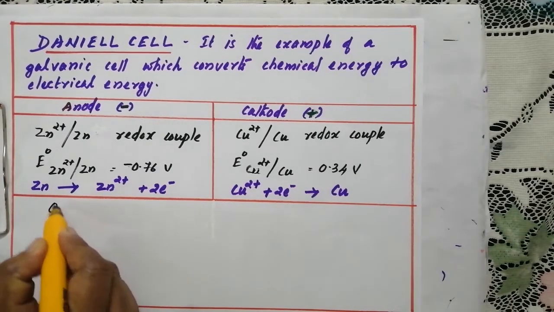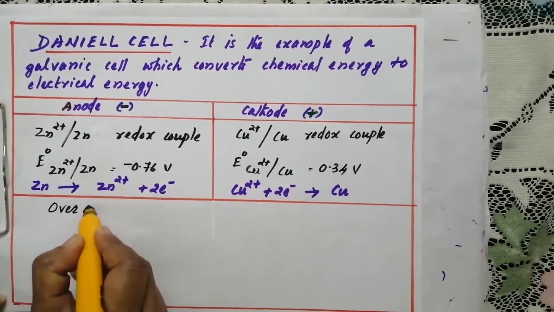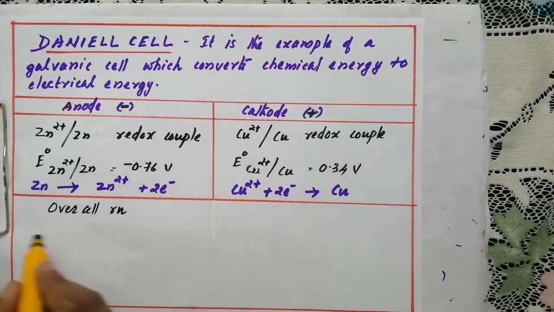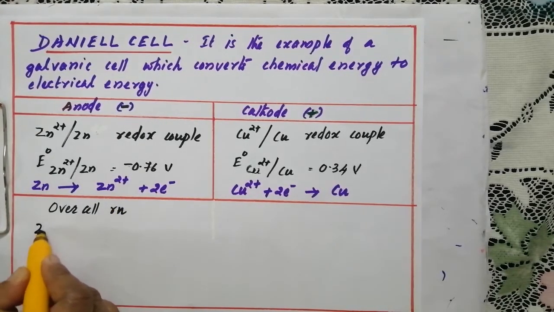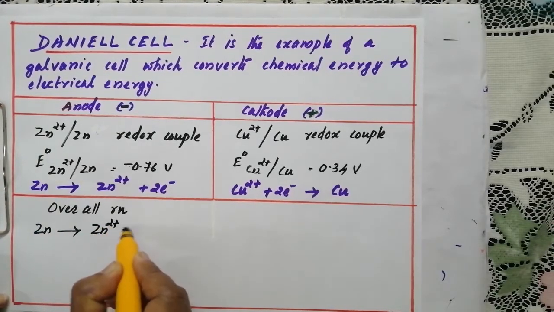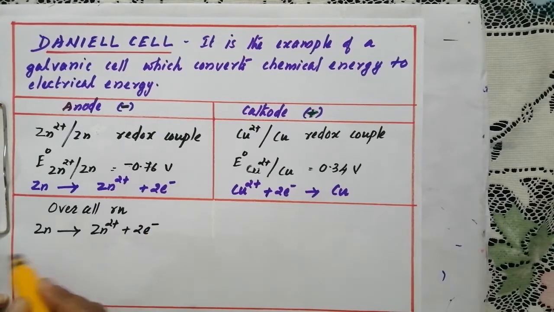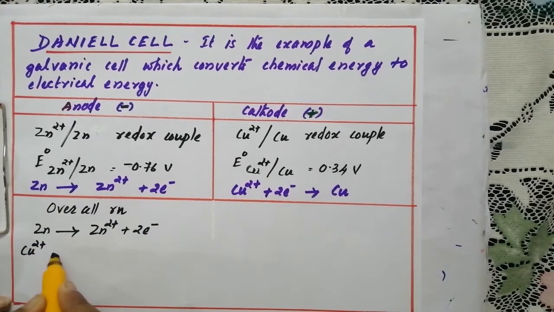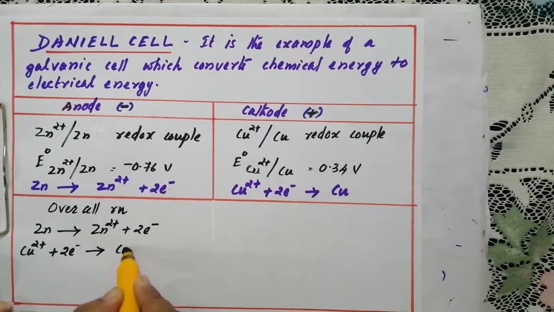The overall reaction can be written as the sum of the two reactions. I am going to add the two reactions, that is Zn giving Zn2+ + 2 electron, and the cathode reaction is Cu2+ + 2 electron giving Cu.